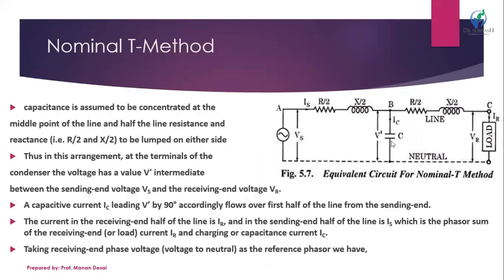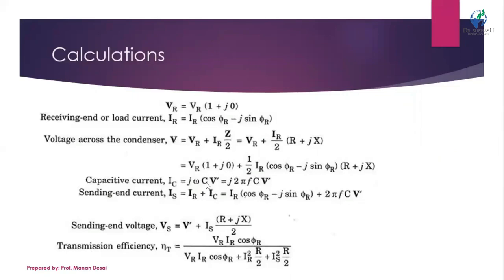Now, what is the capacitive current? We can say j omega CV, where omega means 2 pi f. So IC is equal to j 2 pi f CV.